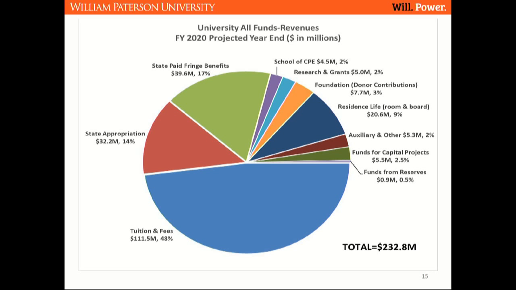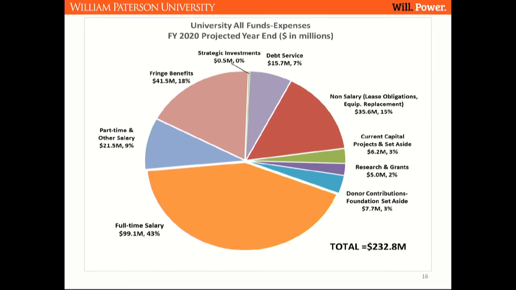And you can see tuition and fees is the largest component of this. And this is a distribution of how we spend the money. This has been adjusted for the cuts that we've had to impose this year. And there's a chart further on that will show you exactly the cuts that we've had to make this year.